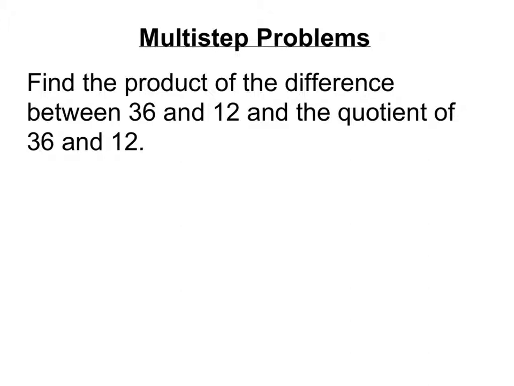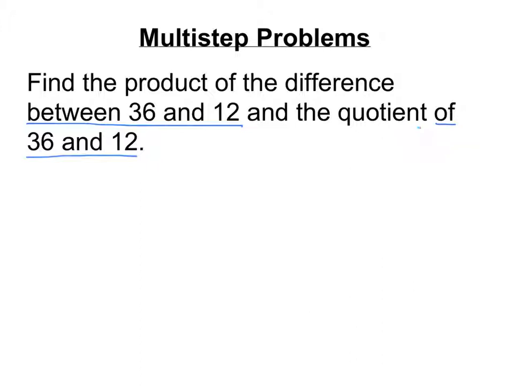So, for example, I can take out of 36 and 12 here, and between 36 and 12 there, and this will still be a sentence. So it would say, find the product of the difference and the quotient.